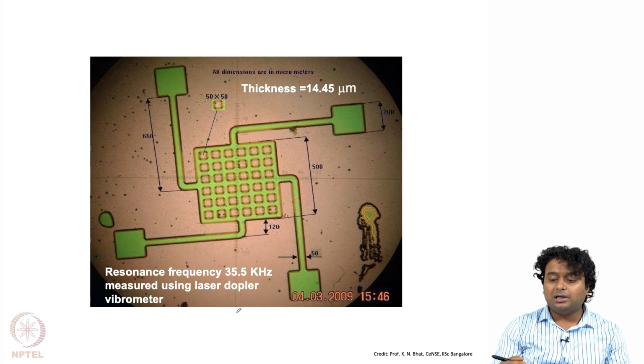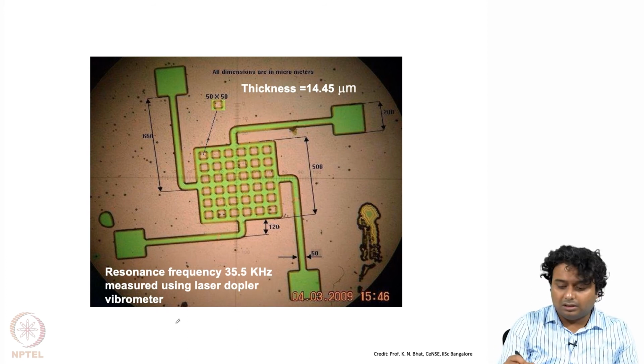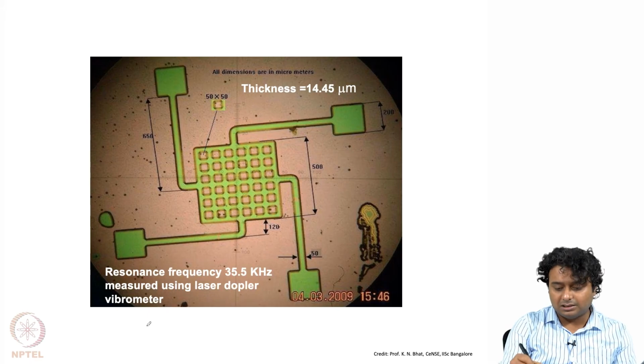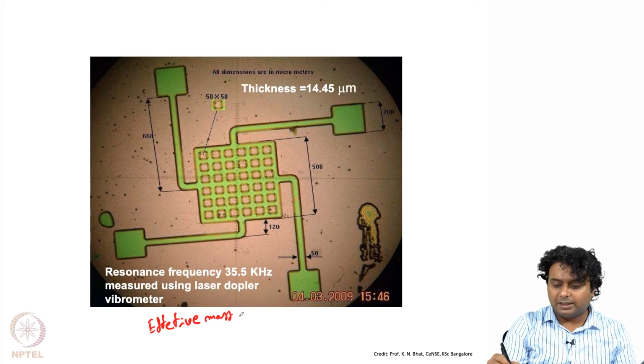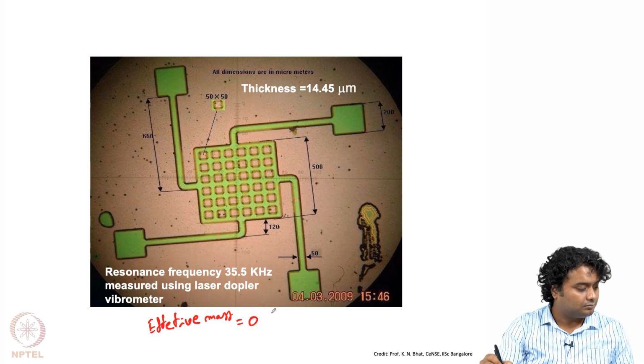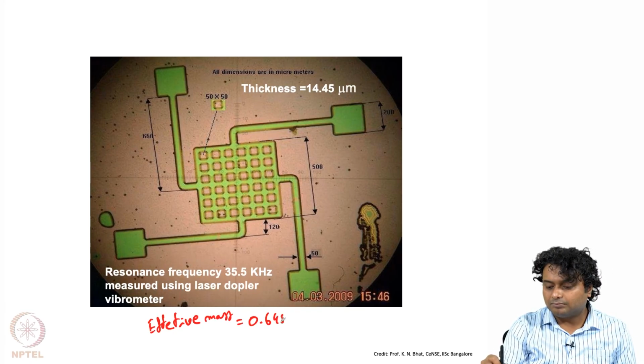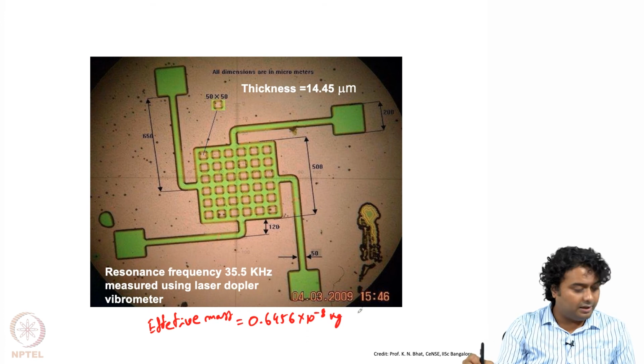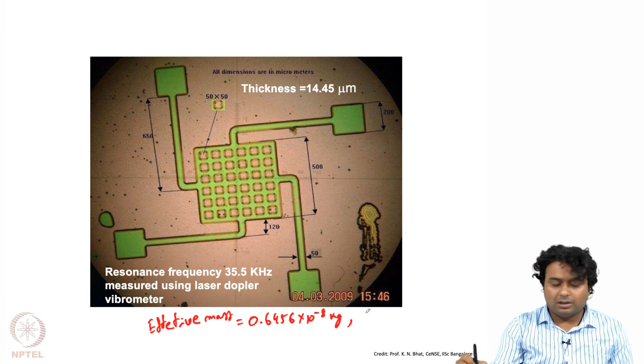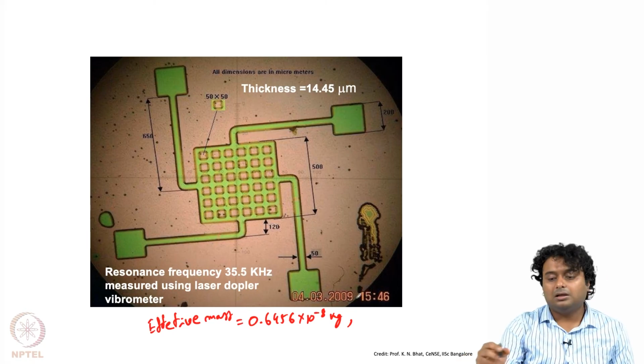Using that system we got 35.5 kilohertz, whereas we calculated the effective mass of this particular suspended structure as 0.10 to the minus 8 kg, and its stiffness, as we have seen in module 1 and 2, we can calculate for a single beam and then for all the 4 beams.